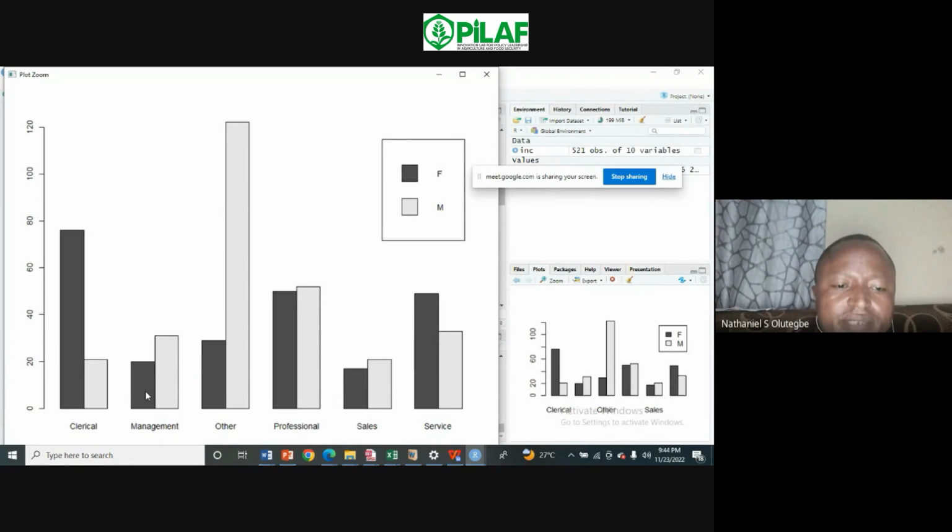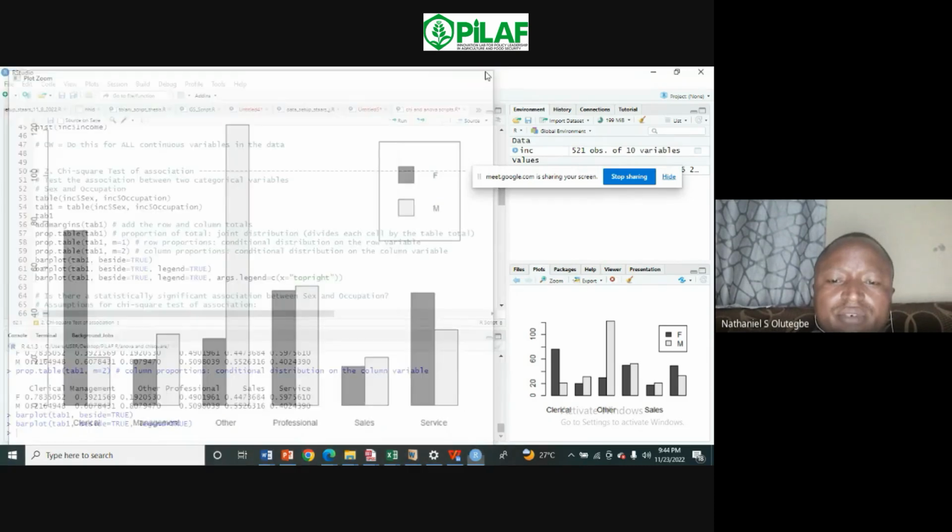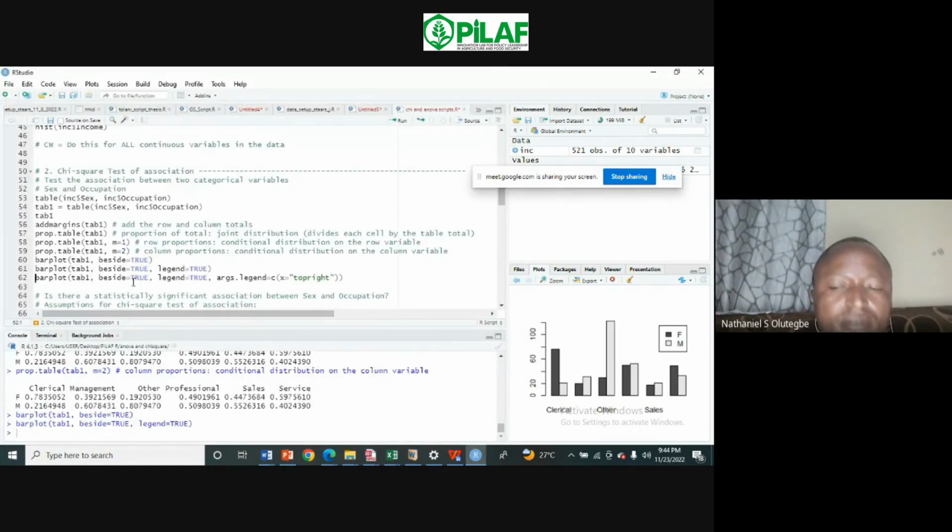We have fewer female here in management than male, and we have more male in the others category than female. Here is almost equal, professionals, and we have more male in sales than female. And we also have more females in service than male. All of this is giving us an understanding that possibly there's a relationship.